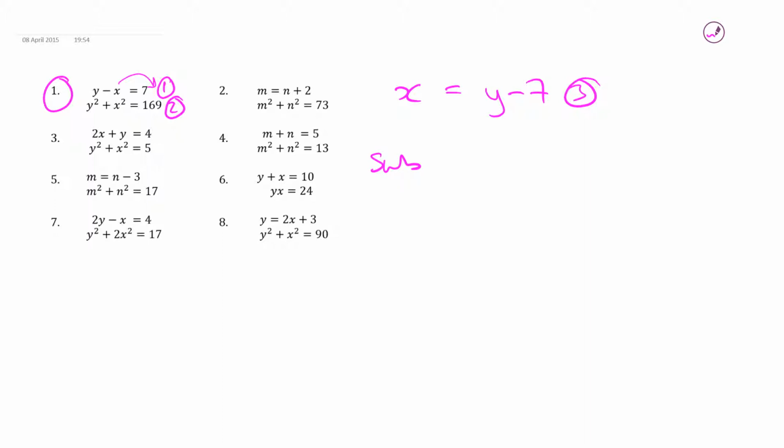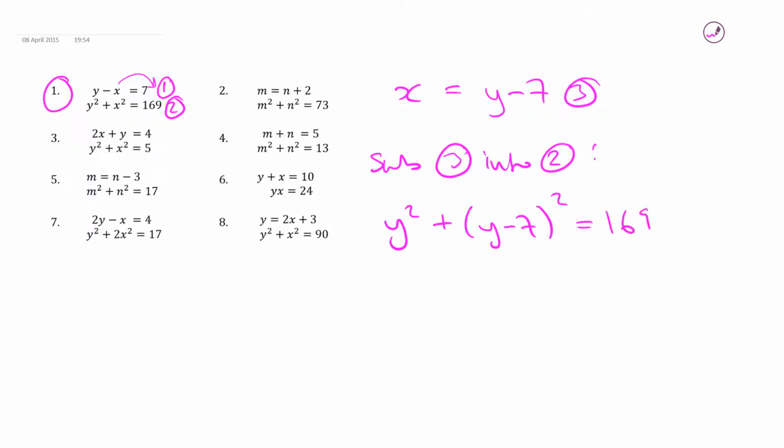In the real thing you should write substitute. Sub 3 into 2. And what do you get? You get y squared plus (y minus 7) squared equals 169.